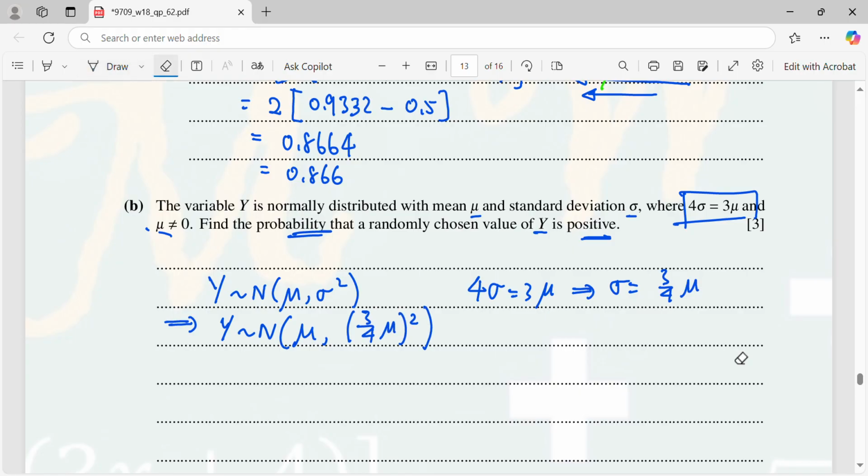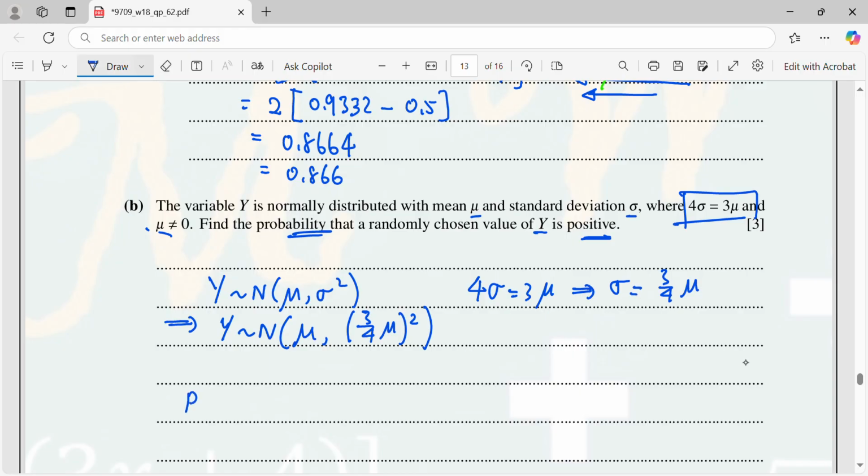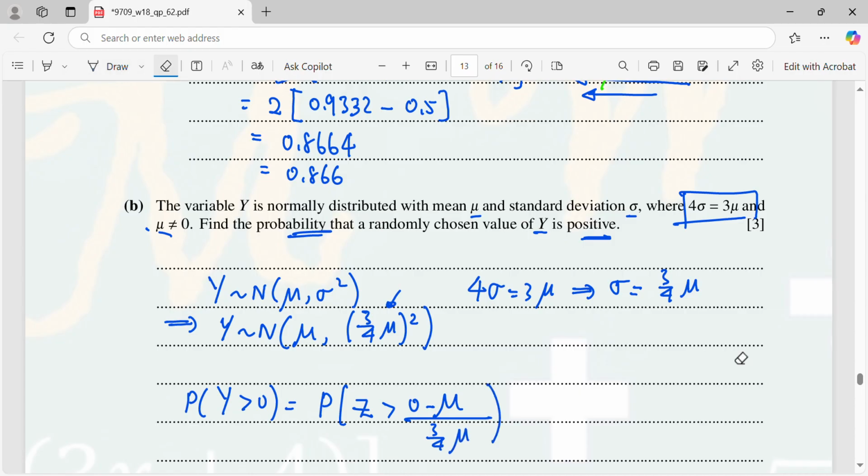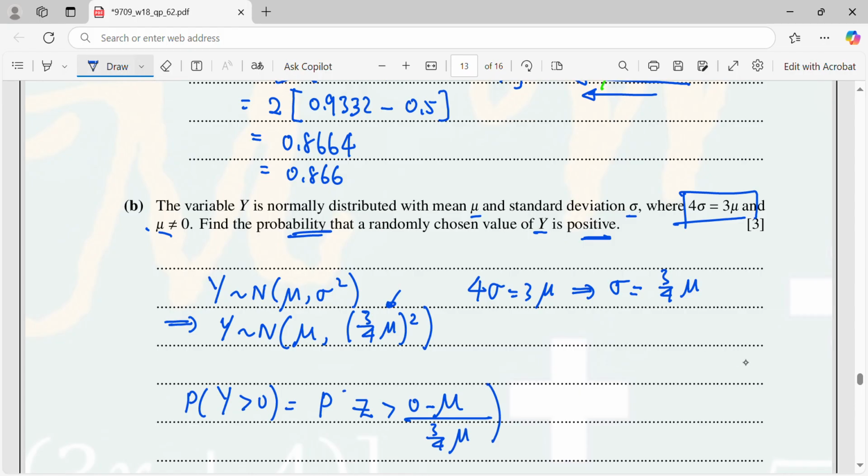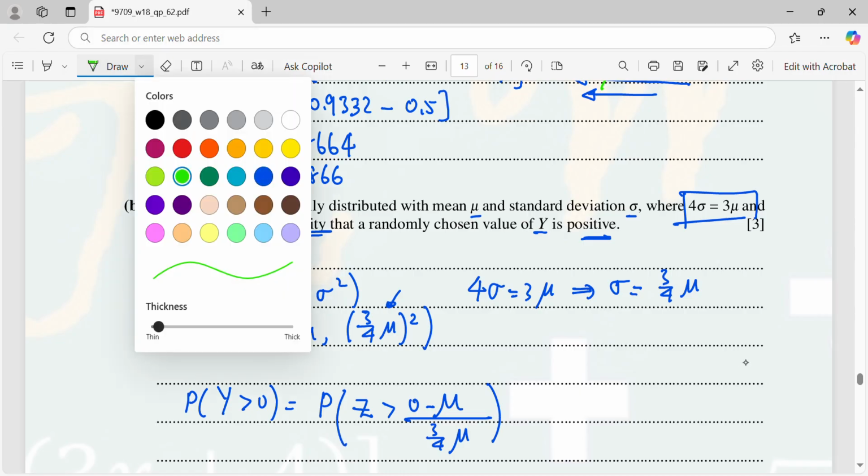Okay, after you get this, what to do is you need to count the probability that y is positive. So it means y is greater than 0. Again, it is normally distributed, so I will use standardization. So it will be z greater than 0 minus mu over sigma. The sigma is 3 over 4 mu. So obviously from here, the mu can be cancelled off, right? Because the numerator just left mu.